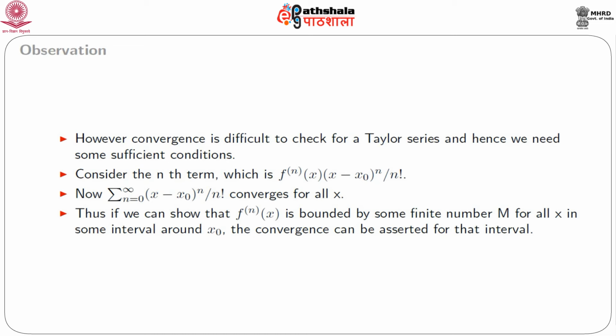Now, the series with nth term (x minus x naught) to the power n divided by n factorial converges for all x. Thus, if we can show that the nth order derivative of f is bounded by some finite number M for all x in some interval around x naught, the convergence can be asserted for that interval.